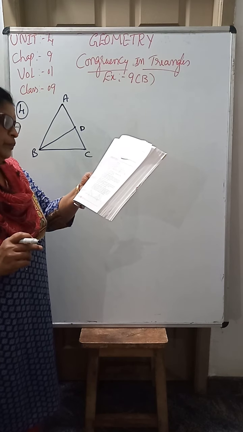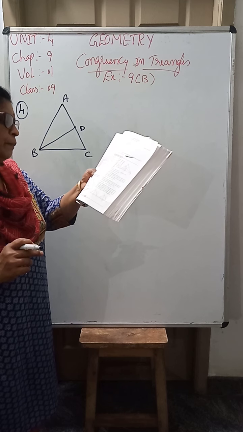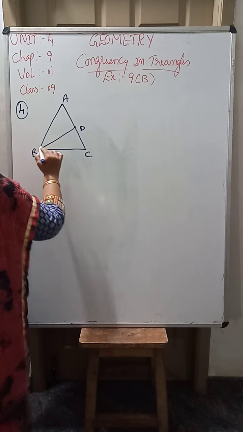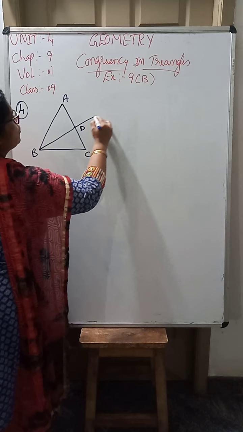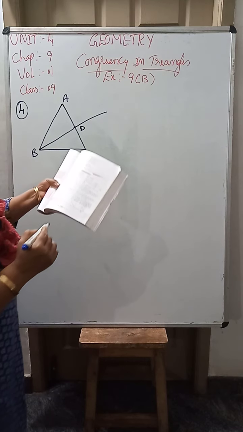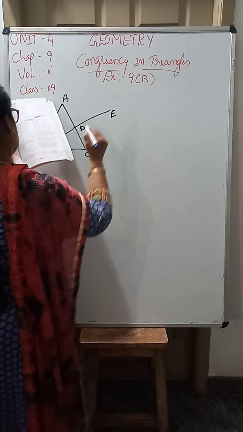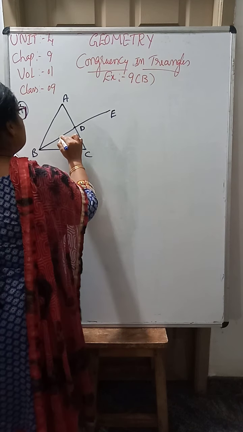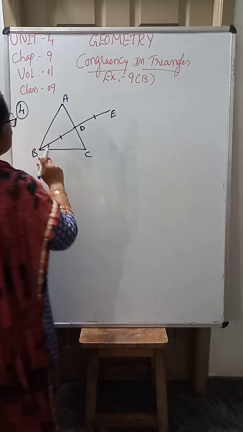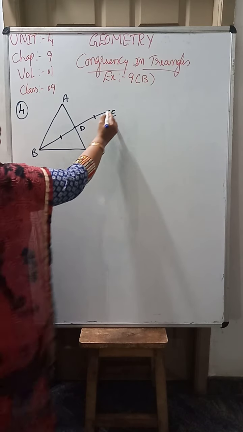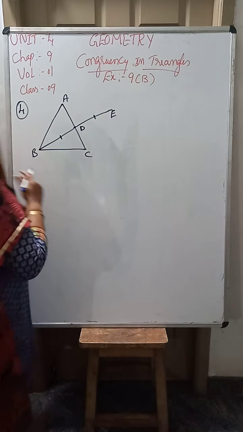So, median to the side AC, BD is produced. BD is produced to E such that BD is equal to DE. The length of BD is equal to DE.